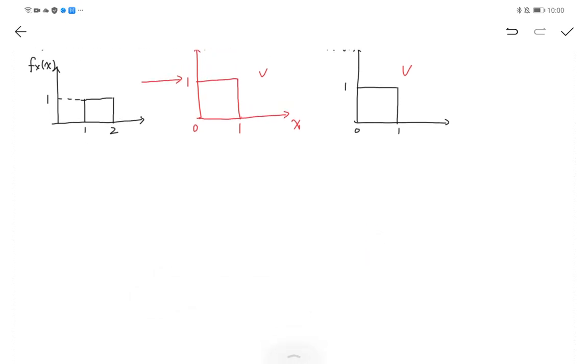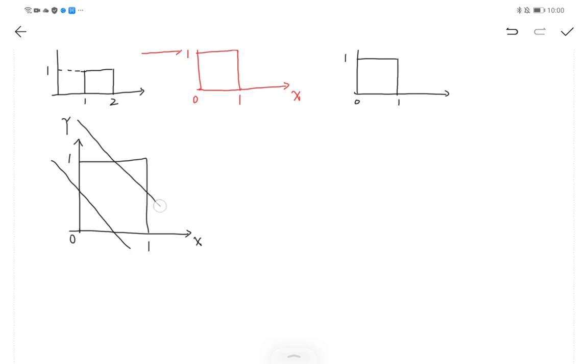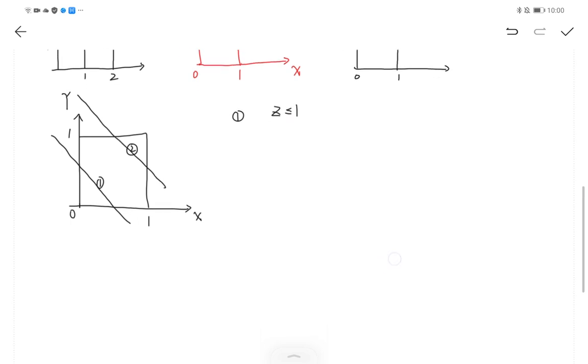So we can see z has three situations. This is 1 and this is 2. For situation 1, z is less than 1.